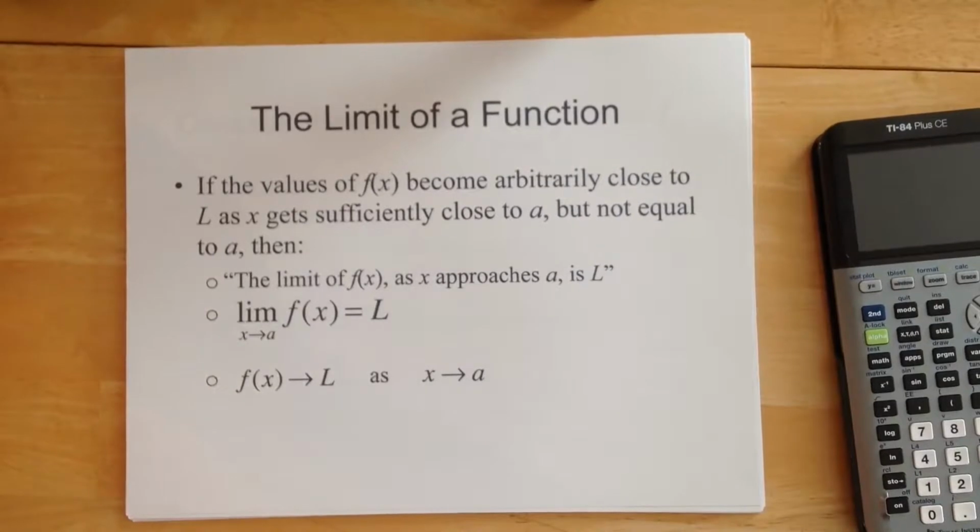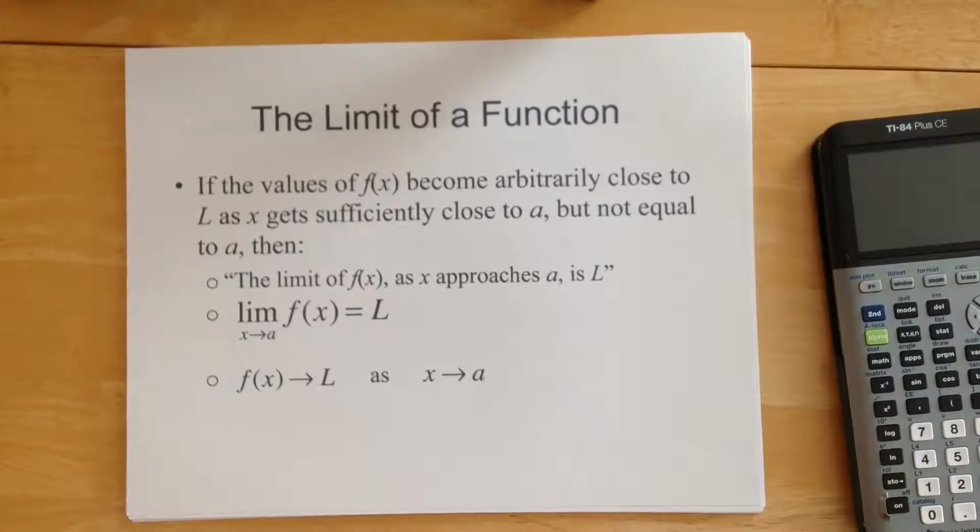Here's our intuitive definition of a limit. It's not the formal definition of a limit. We're not going to worry about the formal definition in this class. It says that if the values of f of x become arbitrarily close to L as x gets sufficiently close to a but not equal to a, then all 3 of these statements are equivalent.